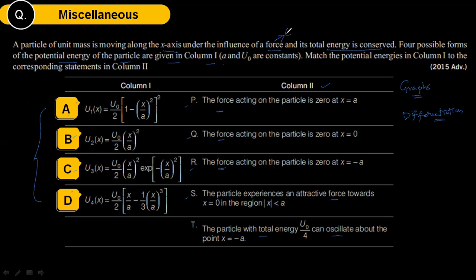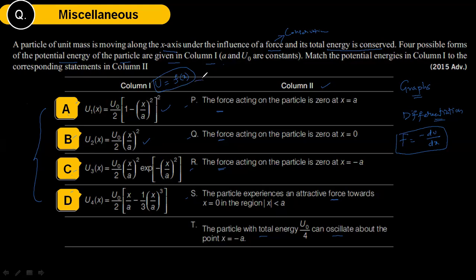Since it is a conservative force according to the data given, we can take the force as F = -dU/dx. It means you differentiate this potential energy, which is given as a function of x. Here, in column A, U stands for potential energy, given as a function of x. F is function, not force.